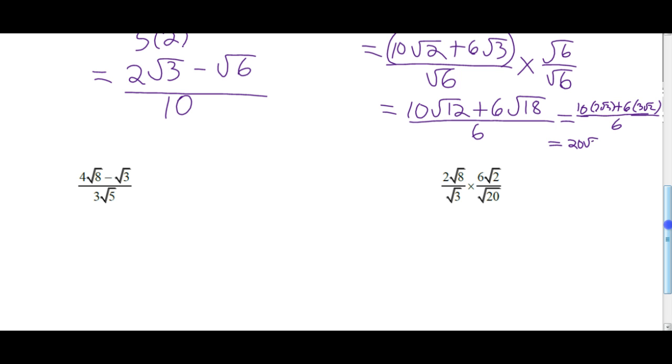So 20 root 3 plus 18 root 2 over 6. Is there a number that goes into 20, 18, and 6? What's the biggest number that goes into 20, 18, and 6? 2. 6 goes into 6 and 18, but doesn't go into 20. So we're going to divide everything by 2. 10 root 3 plus 9 root 2 over 3. And that's your final answer.